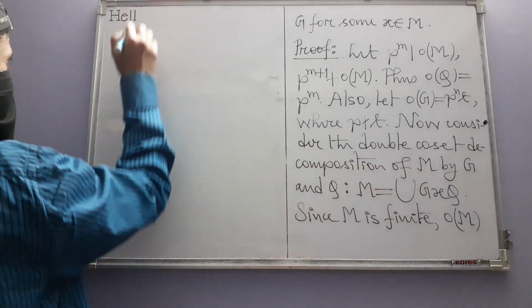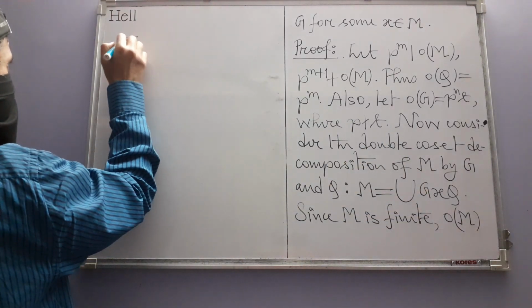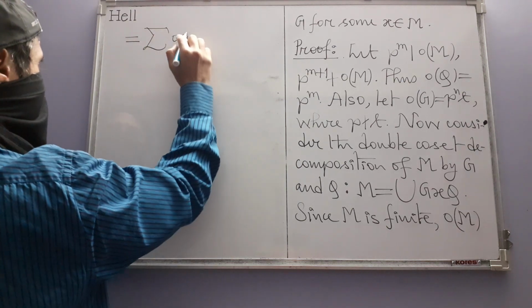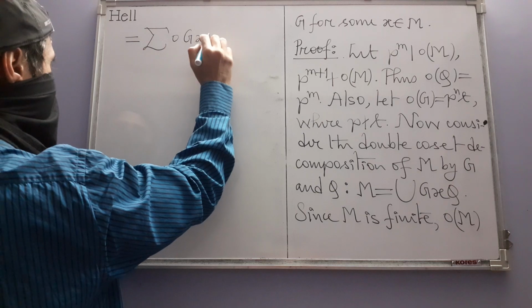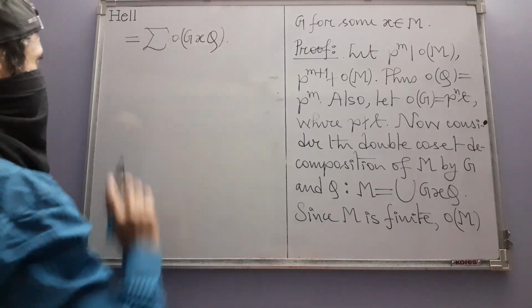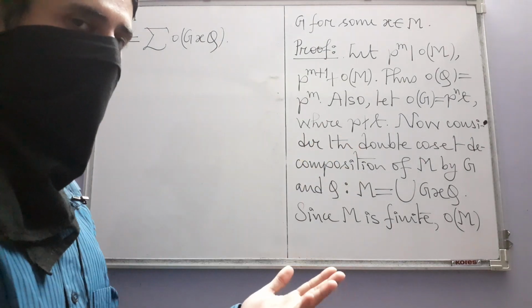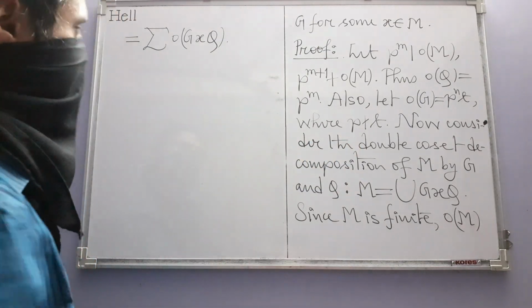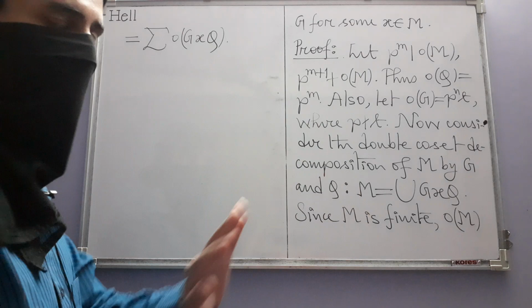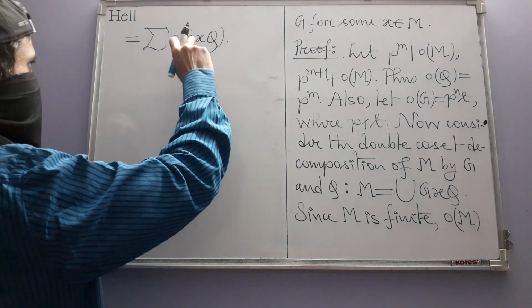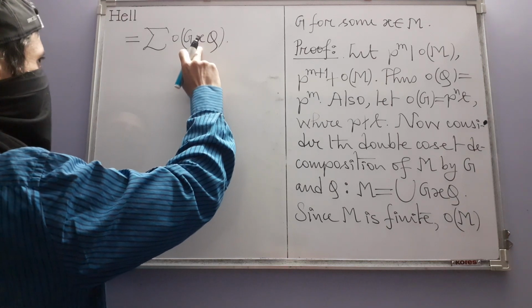This order of M will be equal to this, where the sum again runs over a set of representatives x. One x from each equivalence class. Now let us concentrate on this.